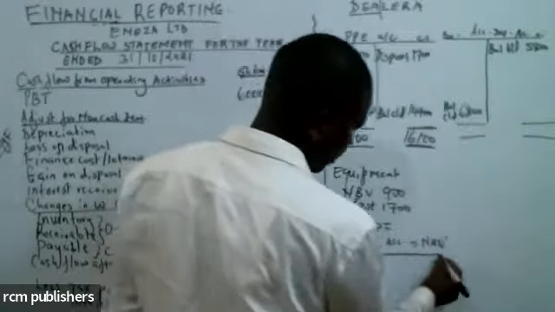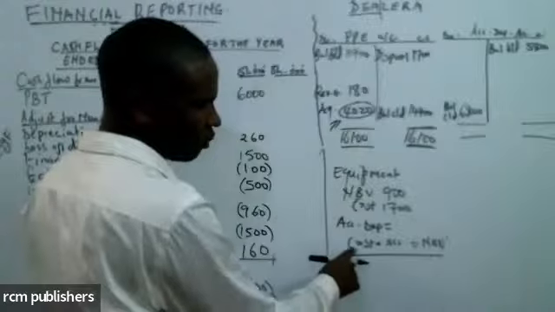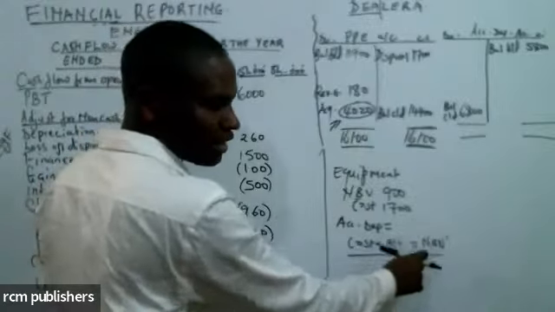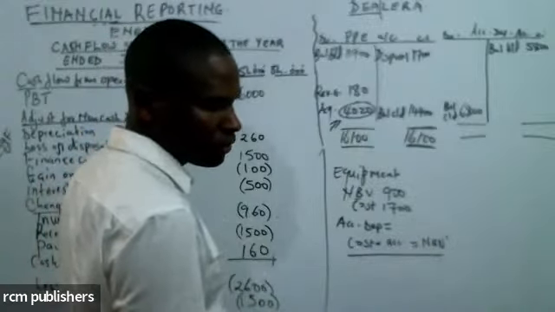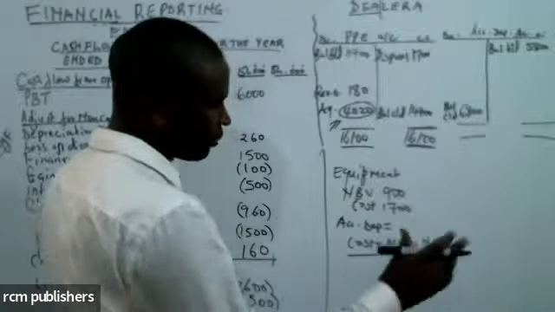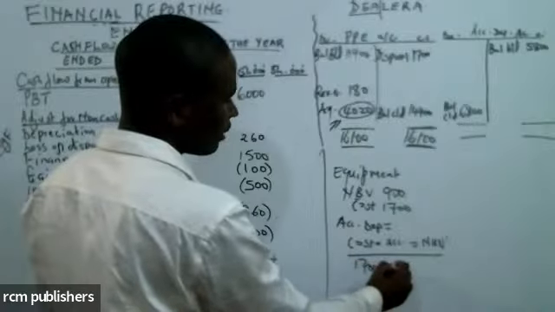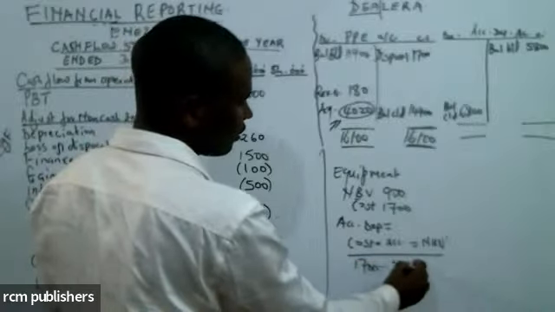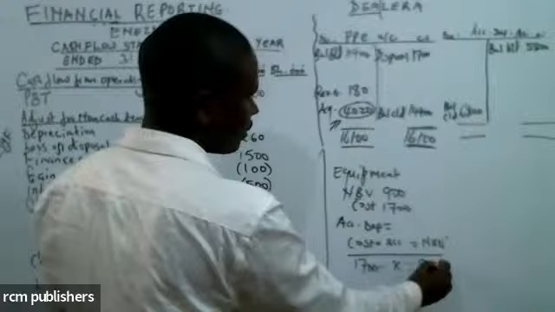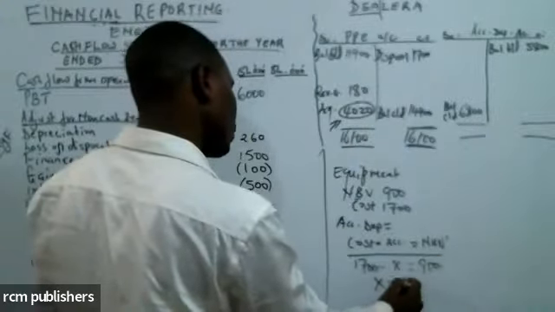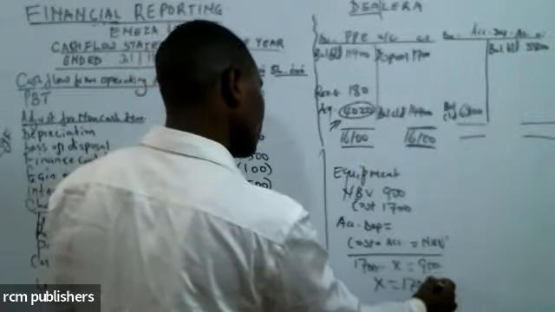This one you did at the foundation level. Cost minus accumulated depreciation, we get net book value. True or false, class? Yes. Now, if that is the case, I just replace my cost: 1,700 minus X is equal to 900. Is it possible to get our accumulated depreciation? Yes, 1,700 minus 900.